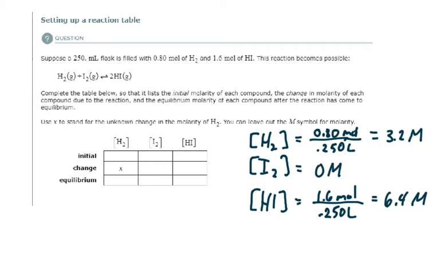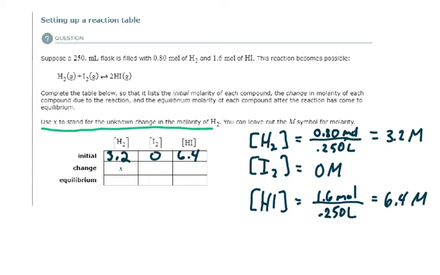Okay? So now that we have our initial concentrations, let's plug them in. This is 3.2. We don't have to put molar there. This was 0, and this was 6.4. Now they said let X stand for the unknown change in molarity of H2.